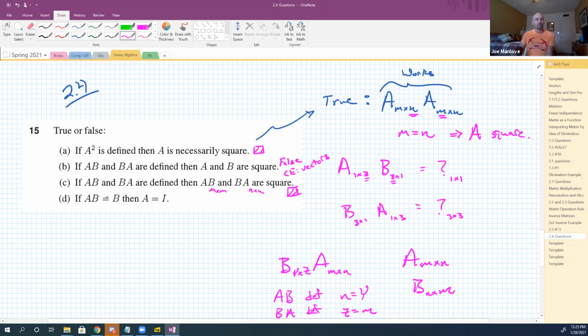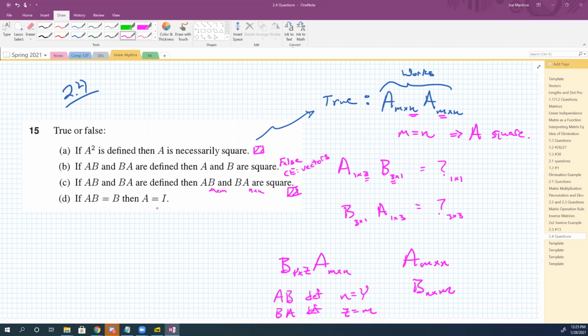Yeah. Okay. How about if AB is B, then A is I? Definitely not. Why not? B could be the zero vector, and also we found a matrix that multiplies by itself to give itself today. So it's wrong in several ways. Yeah, perfect. All of that is exactly right.